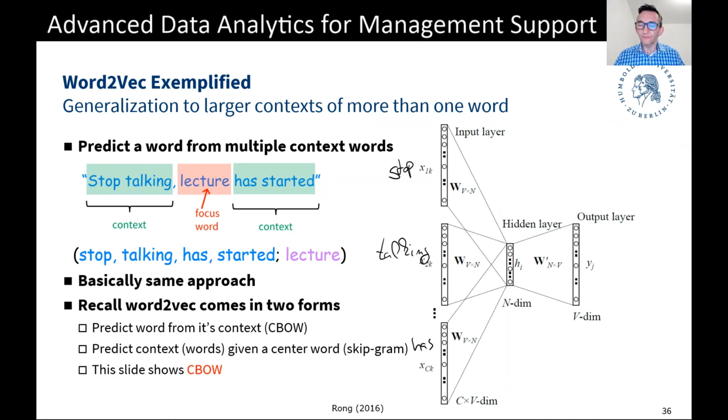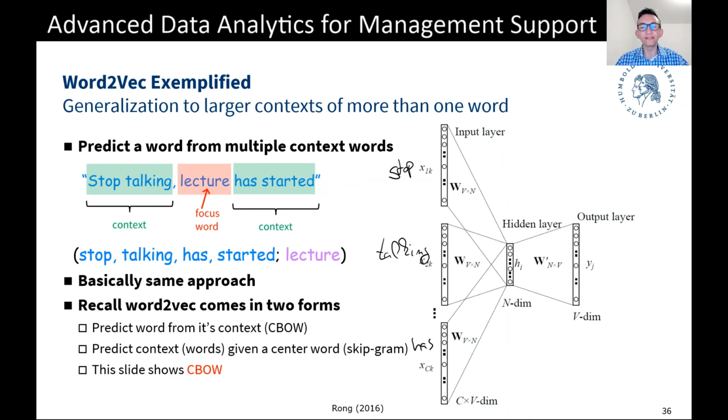And then what you also see here is that, well, in a vanilla feed-forward neural network, we would then have a matrix of size 4V times N. So the number of weights grows a little bit, but we could use parameter sharing, and this is shown in the picture here, so that we always have the same weights for each of the input words.